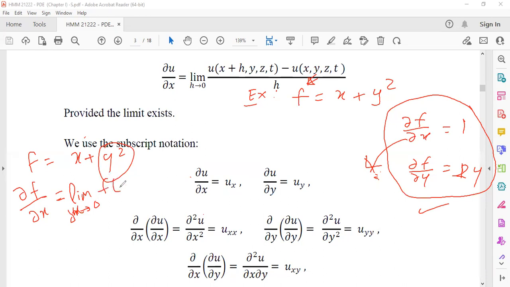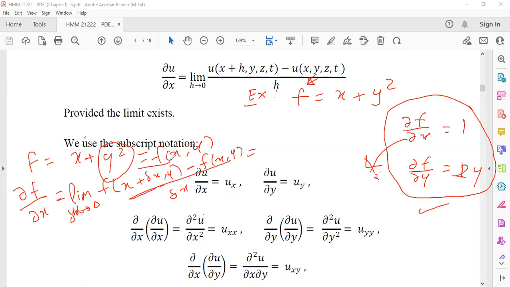f of x plus delta x comma y, minus f of x comma y, divided by delta x. Is that okay? Now we have to substitute what is f of x plus delta x comma y.